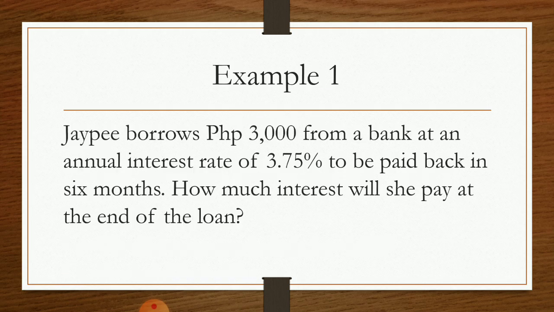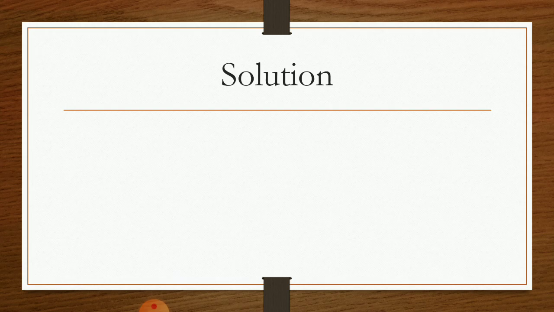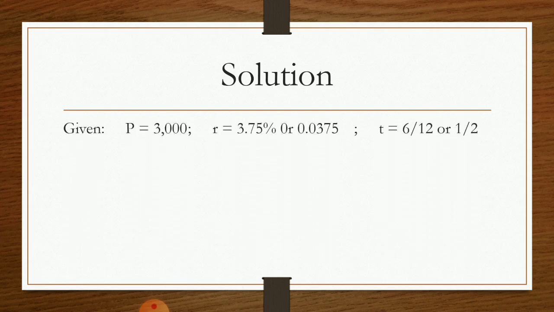Example, JP borrows 3,000 Philippine peso from a bank at an annual interest rate of 3.75% to be paid back in 6 months. How much interest will she pay at the end of the loan? So for the solution, we have the given. So the principal is equal to 3,000.